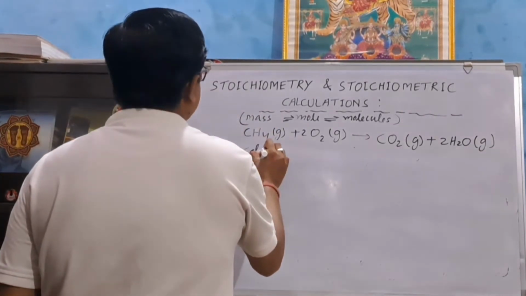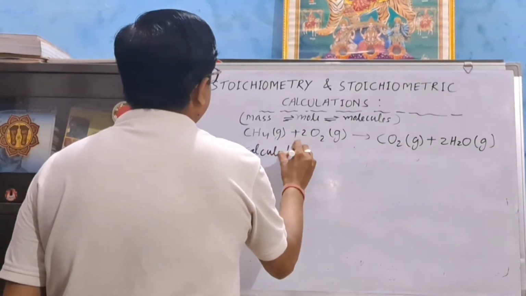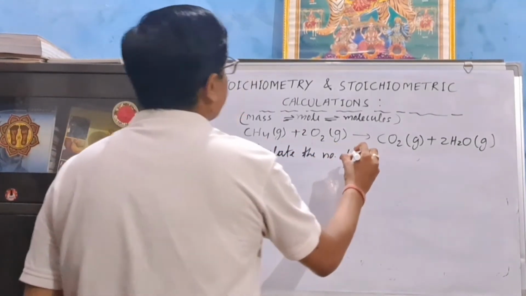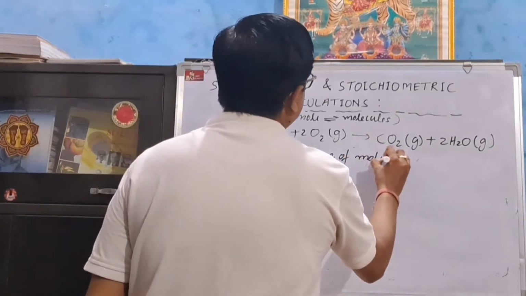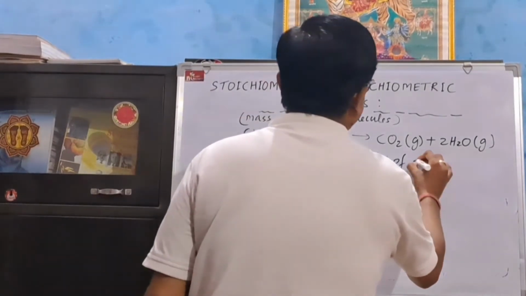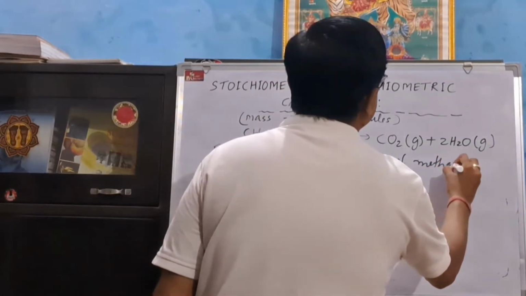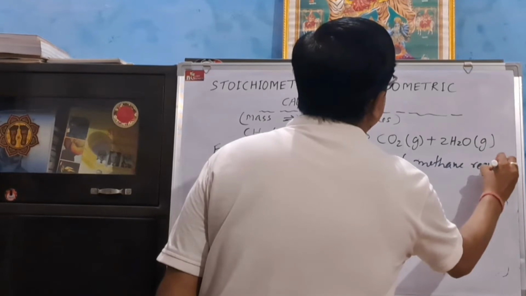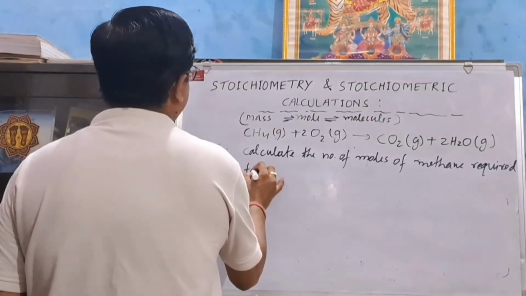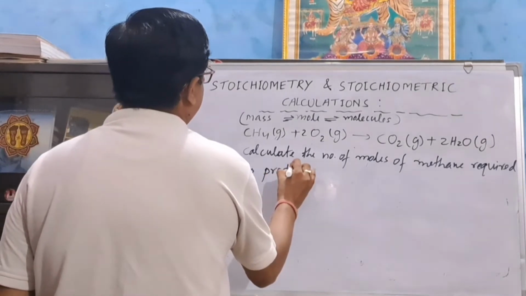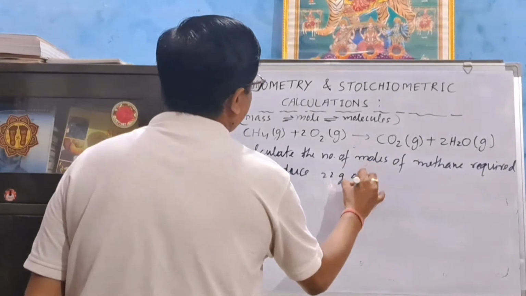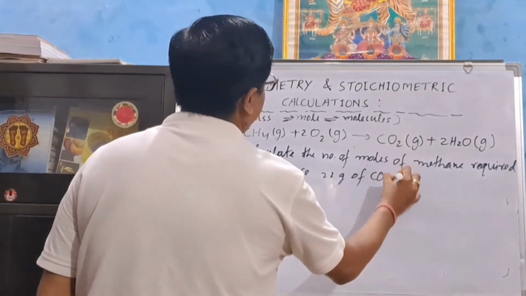Calculate the number of moles of methane required to produce 22 grams of carbon dioxide.